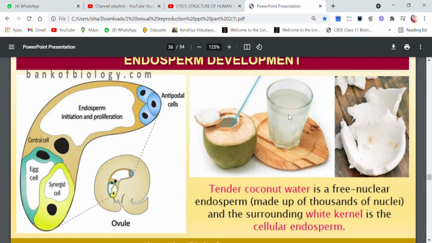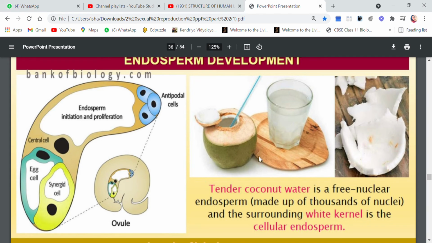The coconut water that we drink is actually free nuclear endosperm, which is made up of thousands of nuclei. And the surrounding white kernel, the malai as we call it, this is the cellular endosperm. That means a few of the free nuclei were followed by cytokinesis, and the cellular endosperm has been formed.